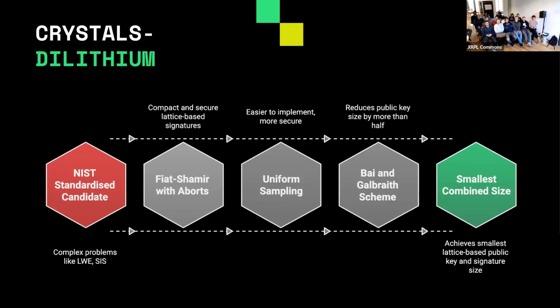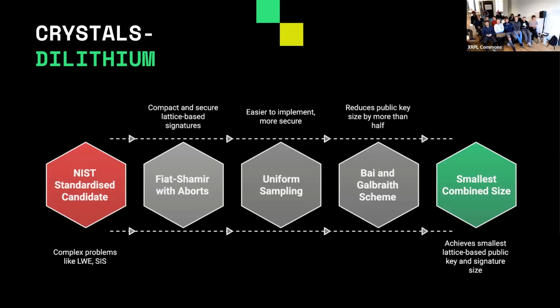So Dilithium is a PQC standardized NIST candidate for post-quantum security. It is dependent on complex problems like learning with errors and short integer solutions. It uses the Fiat-Shamir with aborts technique, which makes the lattice-based signatures more compact and secure.